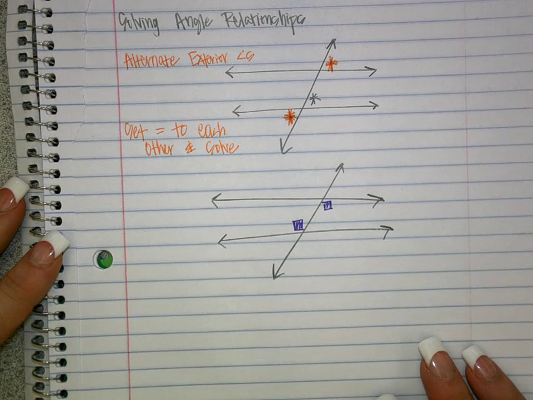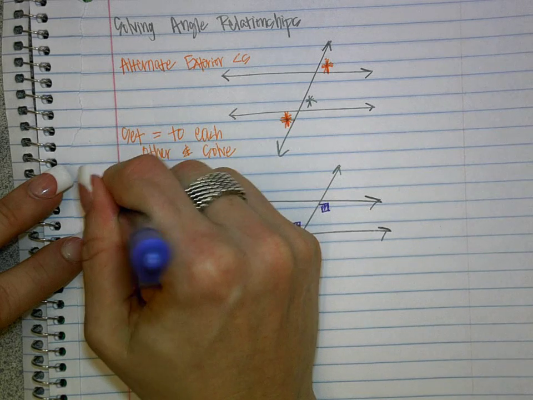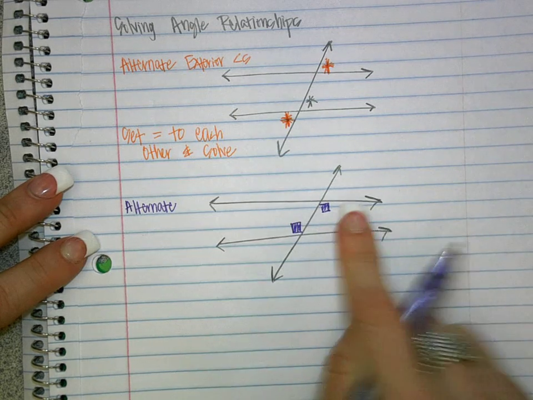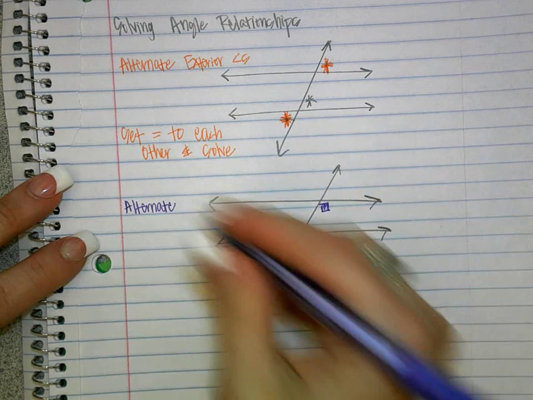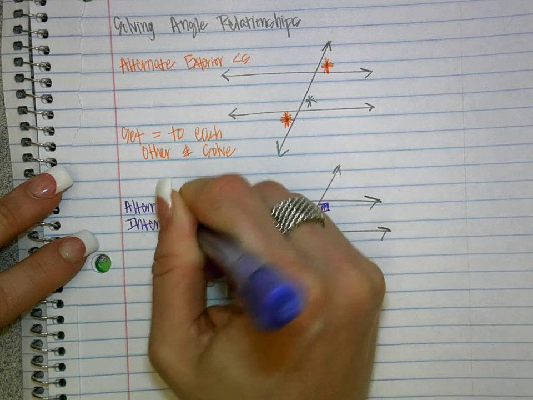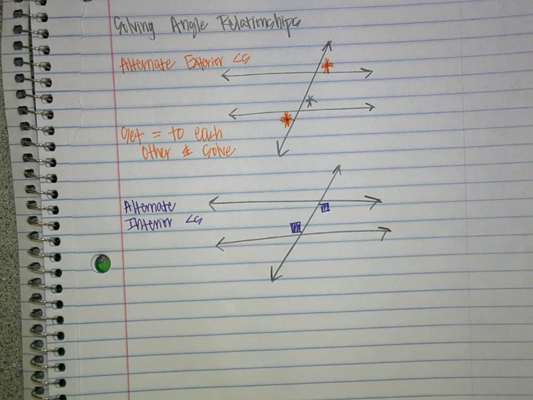These are alternate, so we know it's going to be alternate. And they are both interior, they're inside the parallel lines. So alternate interior angles. Let's see if we can discover this relationship.